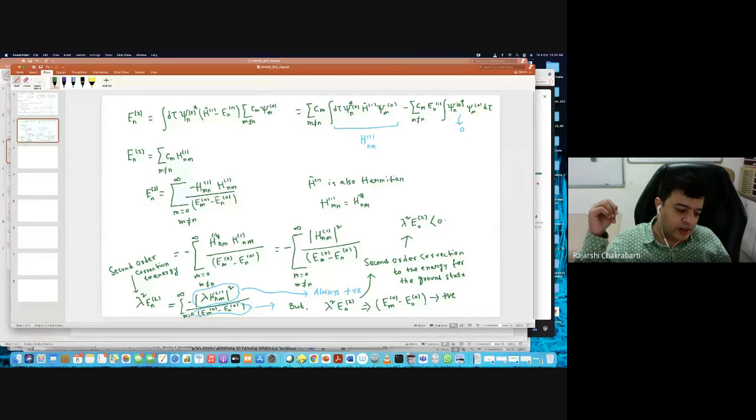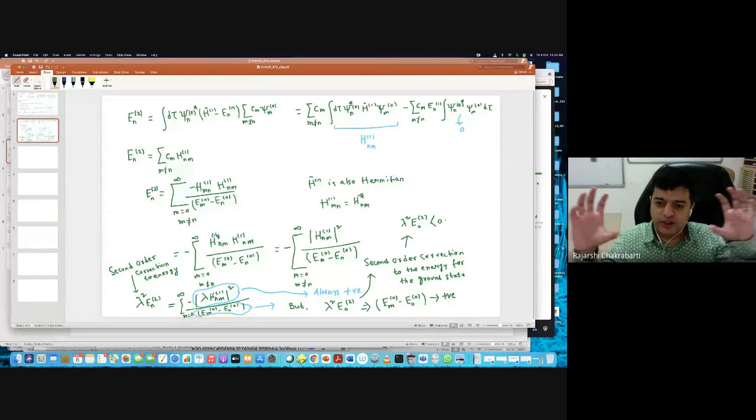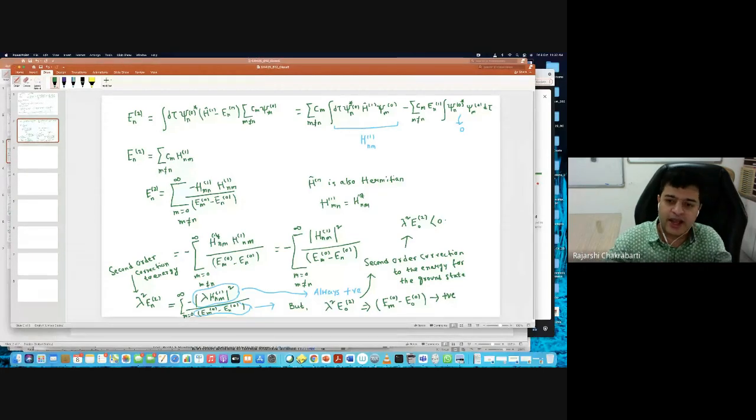You can actually do a calculation. You can take two hydrogen atoms, for example, and show that the van der Waals interaction is something like this in small r.